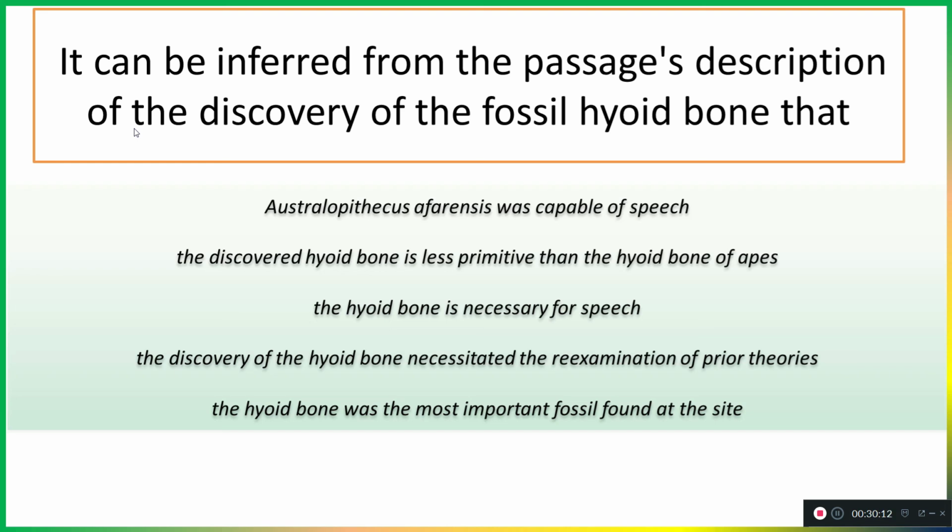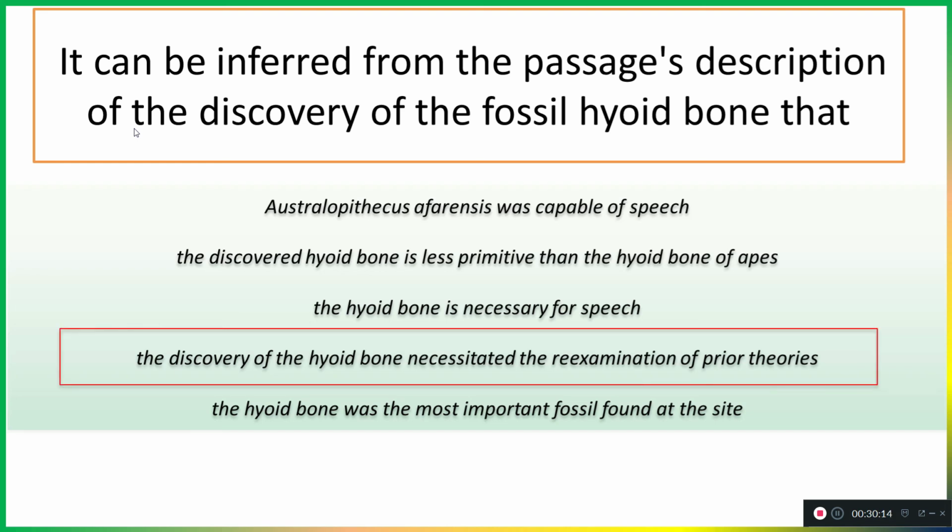The only inference that I can derive is that the discovery of the hyoid bone necessitated the re-examination of prior theories. Why? Because they say that the presence of the hyoid bone is a very important discovery, because so far we have not seen this in ape-like species, but this is the first time we are seeing it.